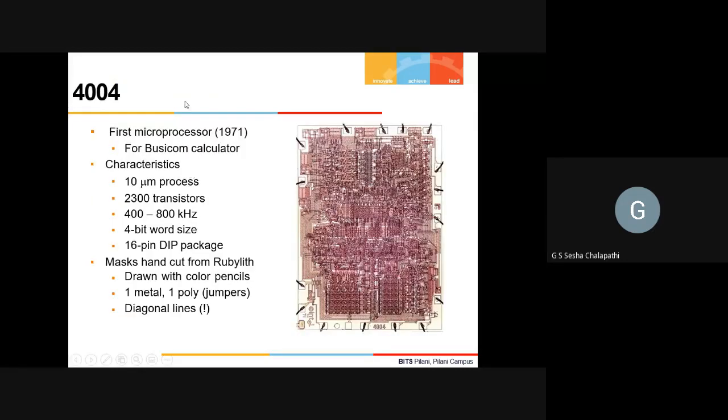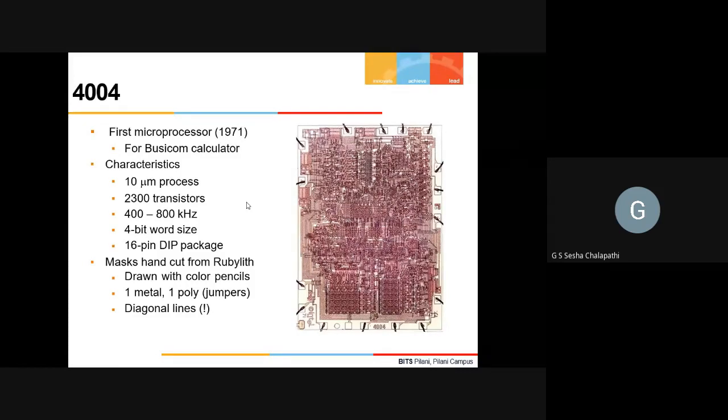One of the first microprocessors was the 4004, which came up in 1971. It was basically for a business calculator; that was the main intention. It followed what is known as a 10 micrometer process technology.